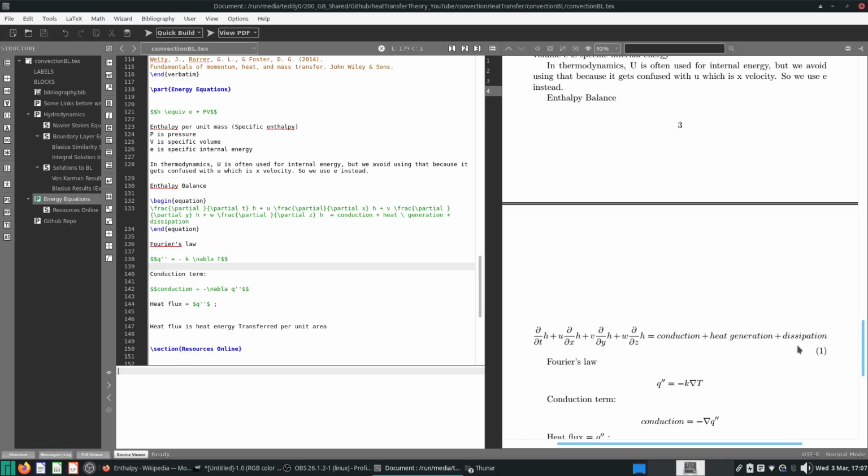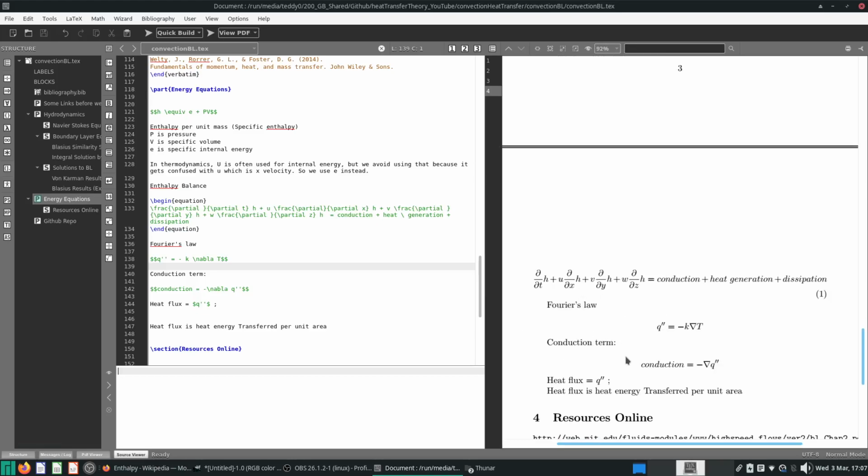Because the wheels are spinning so fast, the fluid can actually get hot from these wheels. That will contribute to an increase in enthalpy of the system. But for the most simple cases, we can neglect these two terms.